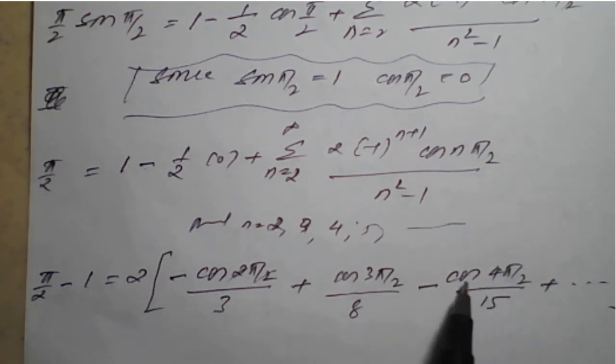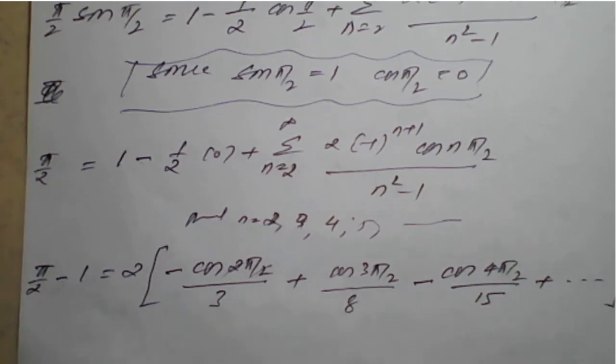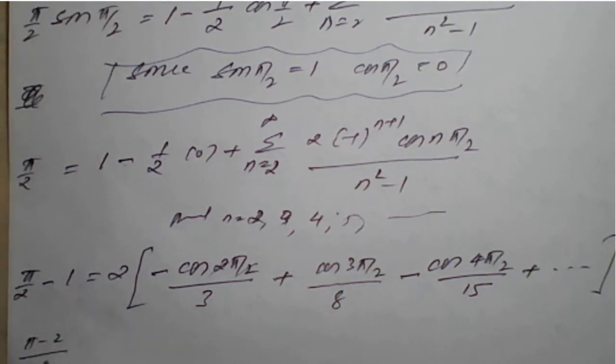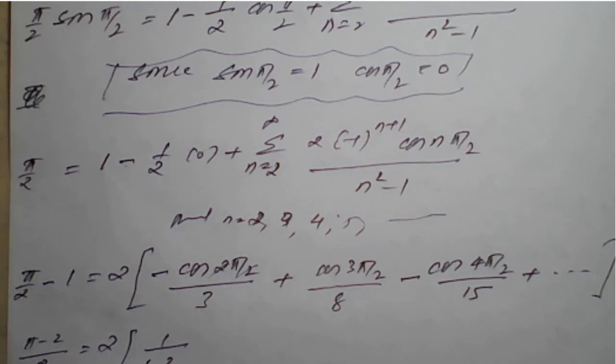So on simplification, the left hand side will become pi minus 2 divided by 2, and this 2. Cos of pi is minus 1, so that minus and this minus will become plus, so it will become 1 upon 1 into 3. Cos of 3 pi by 2 is 0.